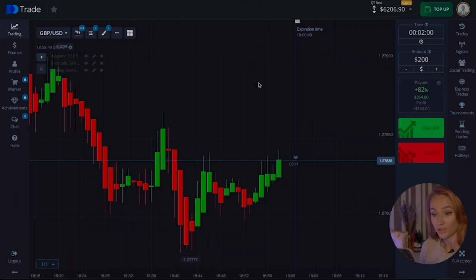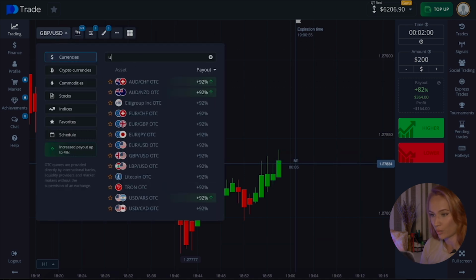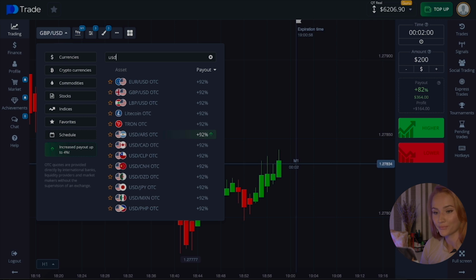Now let's look at a few deals in practice. So let's take a practical look at how these currency pairs work. I will open the currency pairs that we talked about today.